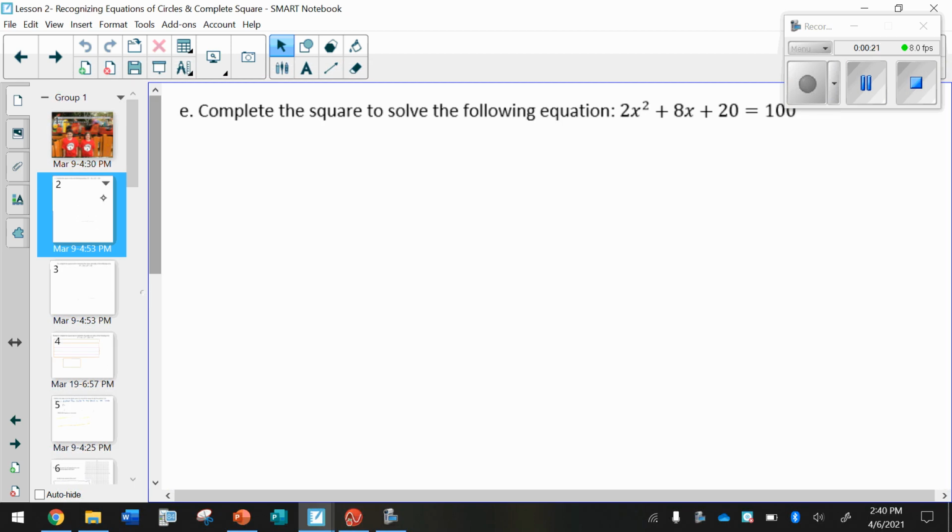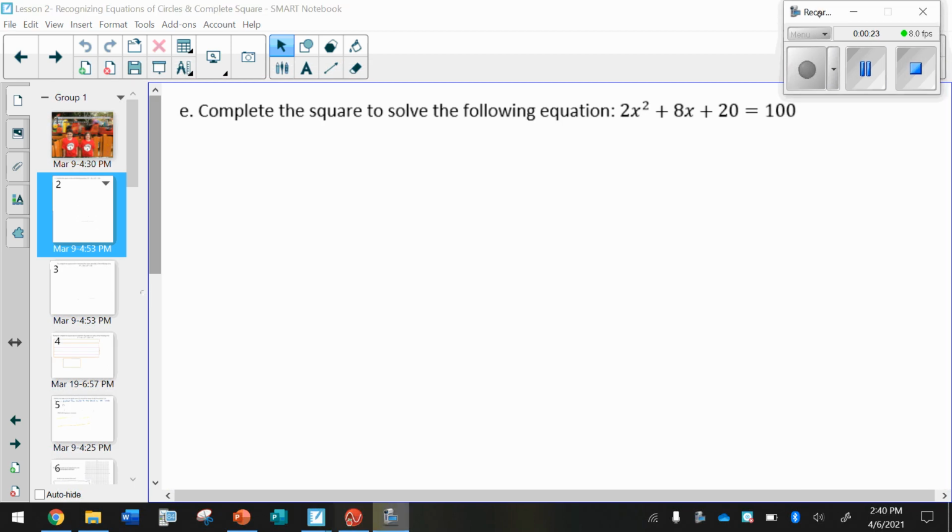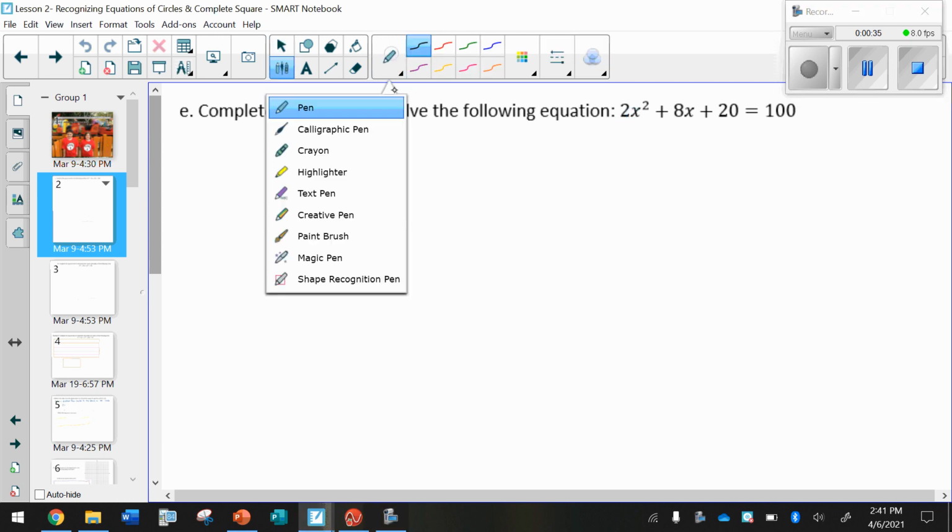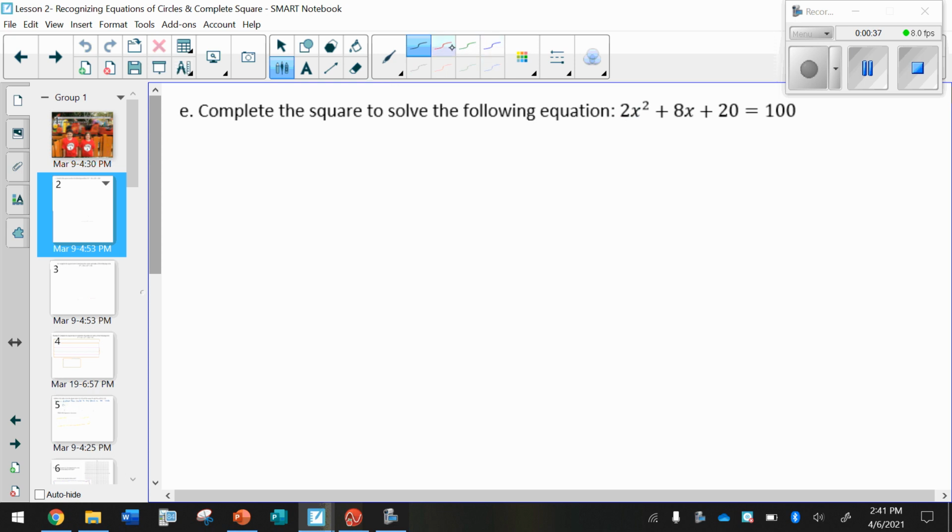So if we want to complete the square in order to find the center point and the radius, we want to have the coefficient in front of our x squared term to be a 1. So when we use the process of completing the square to solve a quadratic, or if we are dealing with a circle, what we need is the coefficient of our squared terms to be a 1.